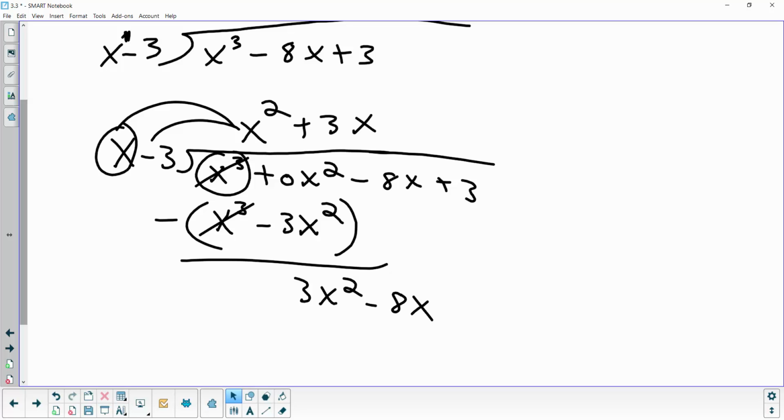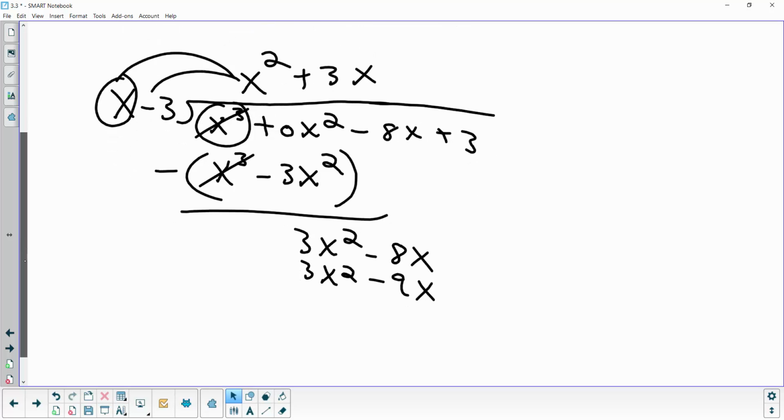The only way something can't change is if you multiply it by 1. So we're multiplying 3x times x. We can't get 3x back. 3x to the second. You got that? And Matt, what's 3x times negative 3? Negative 9x.